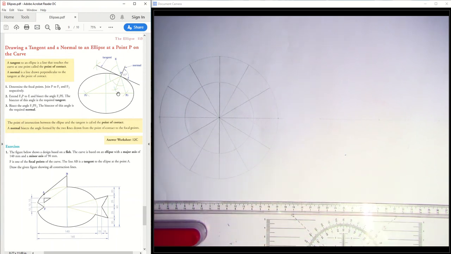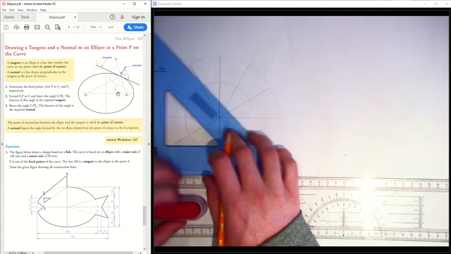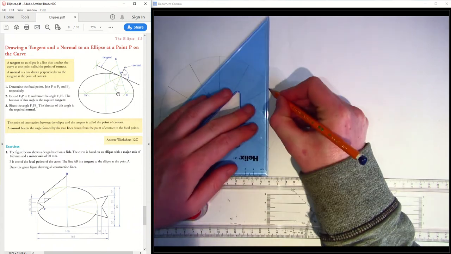Now, to construct the ellipse, we're coming down at all our different points.